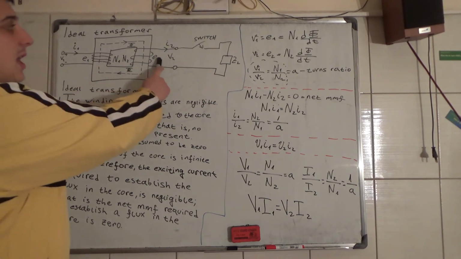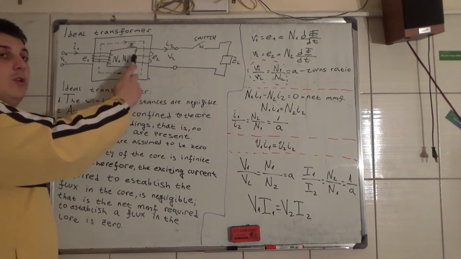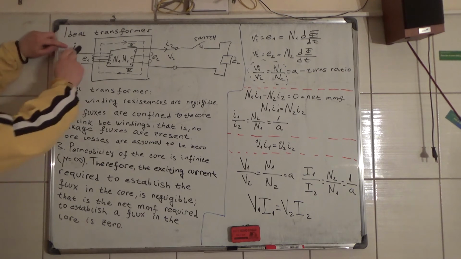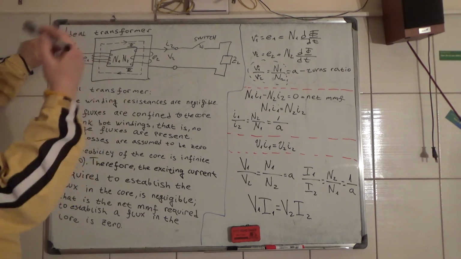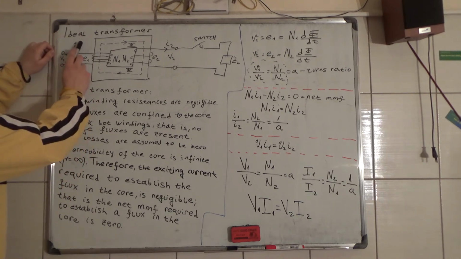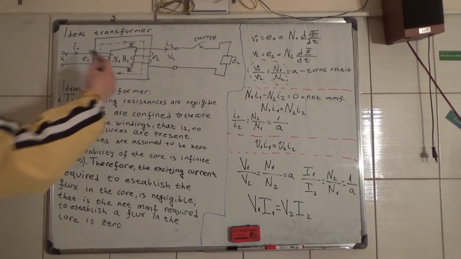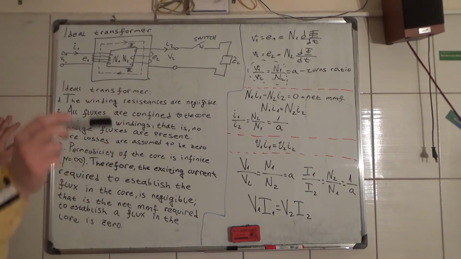Because this current here, and we have number of turns N2, provides an MMF, then this source here is going to draw a current I1, so the net MMF of this ideal transformer is equal to 0.